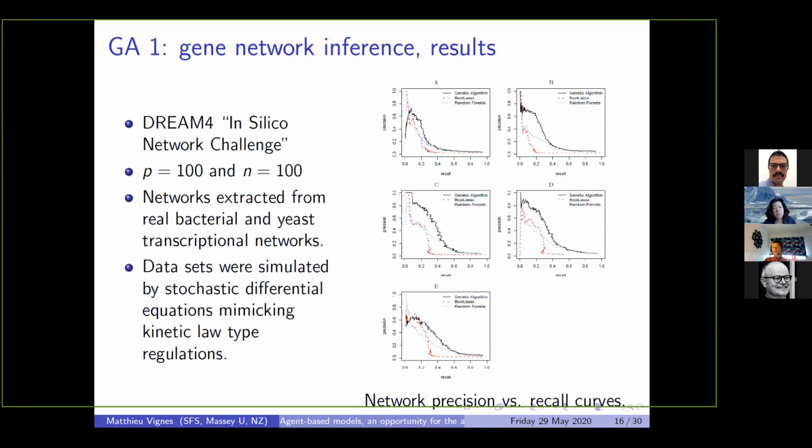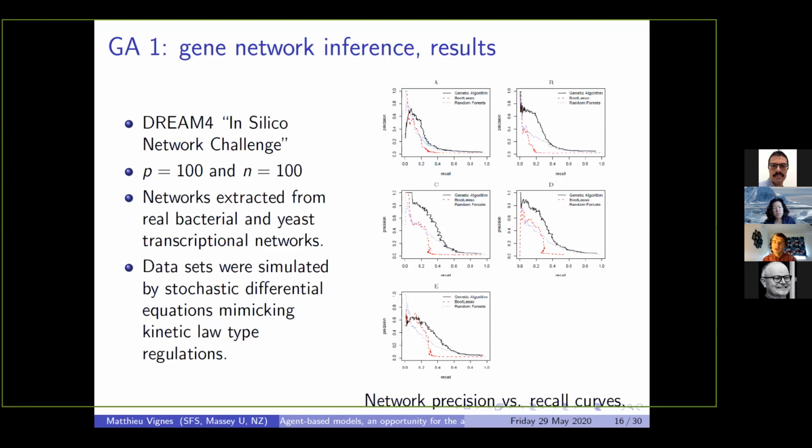So you want to move to the right on the x-axis. The recall is the proportion of edges you predict among all the edges that you want to predict. So the ideal method should start at the top of the graph with precision 1 and recall 0, and then stay high and go towards precision 1, recall 1.